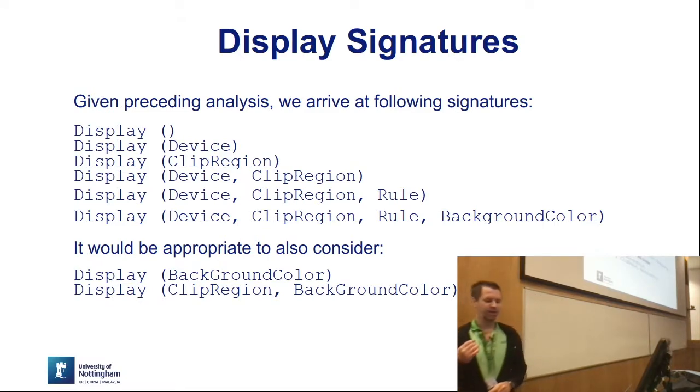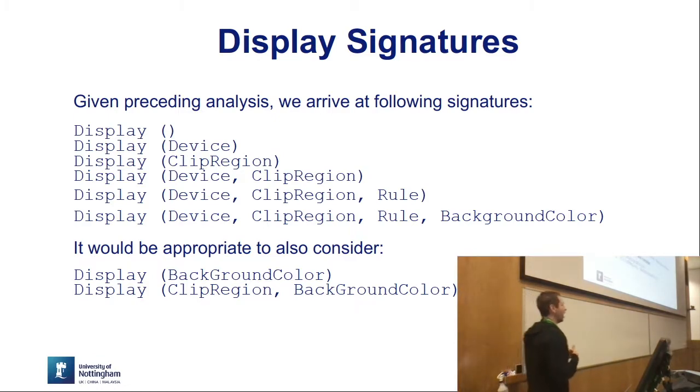So here's a set of protocols or signatures that we can add into our implementation. We support the display method with no parameters. That's the one everybody's going to use, right?